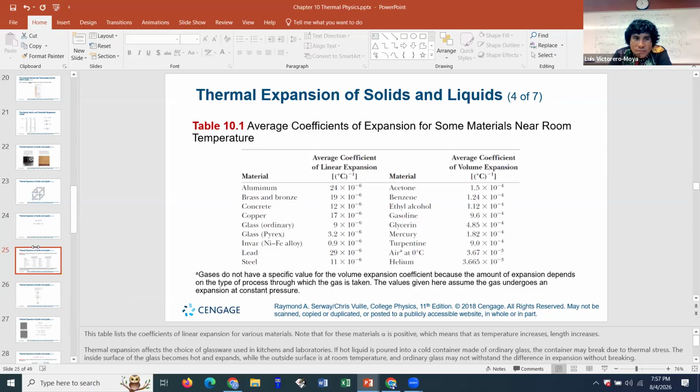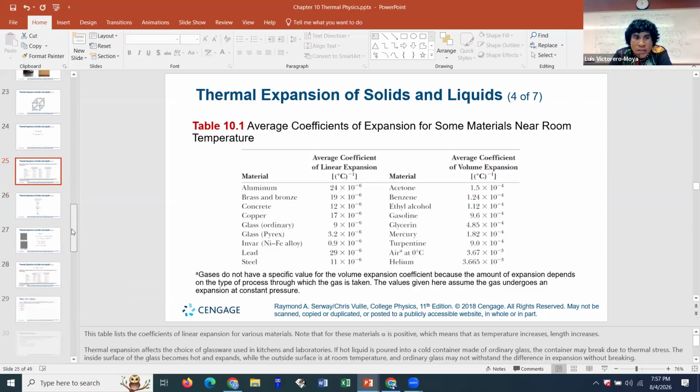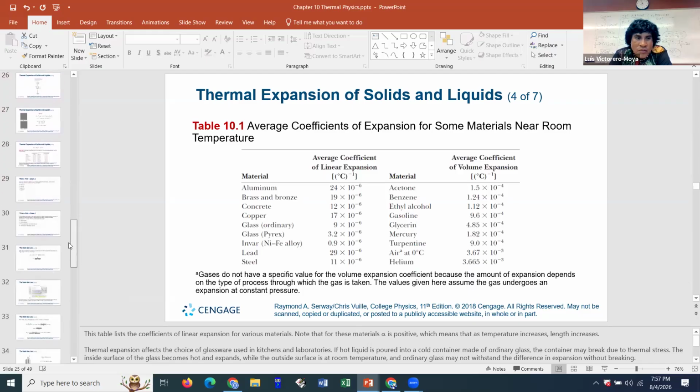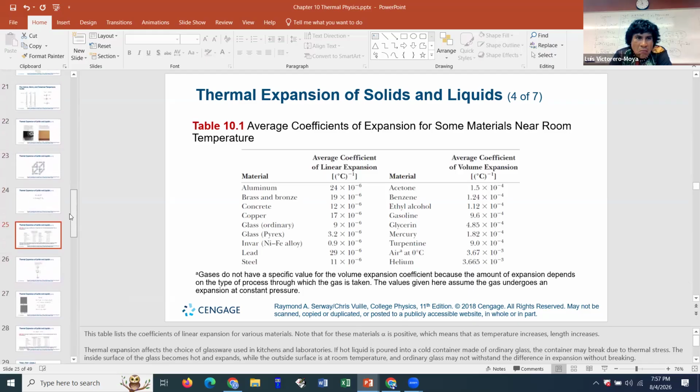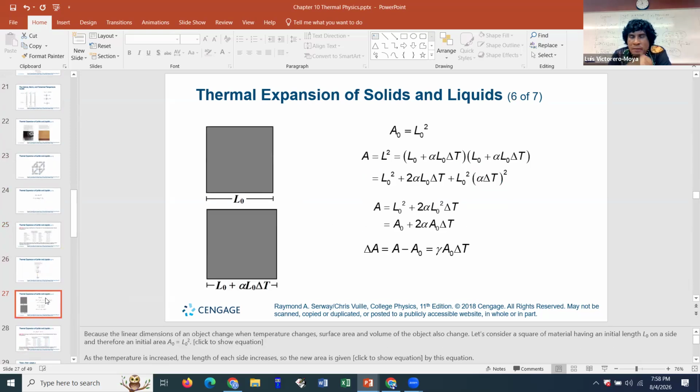Now, why do we have linear and volumetric expansion, on volume or even area? Because you have thermal expansion for solids, and solids have area and volume. Now, the area, for example, of a square is L squared. After thermal expansion, this is what happens with the length.